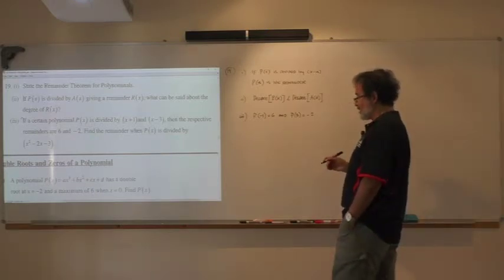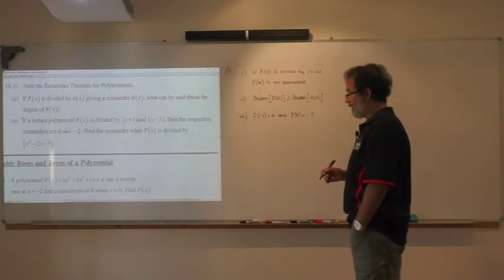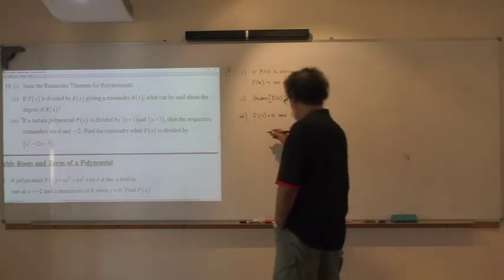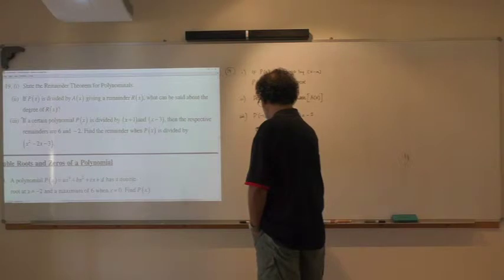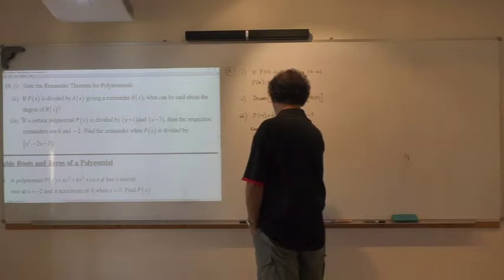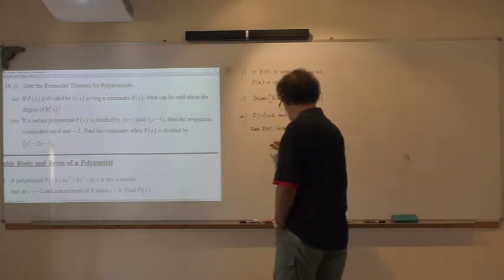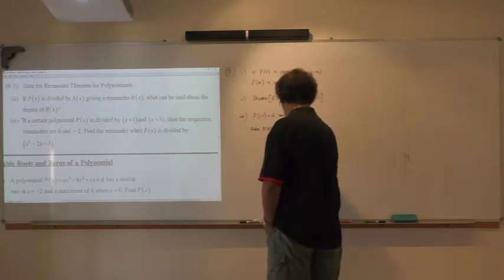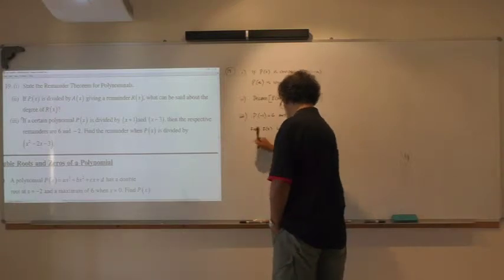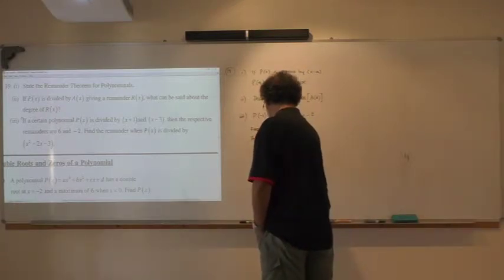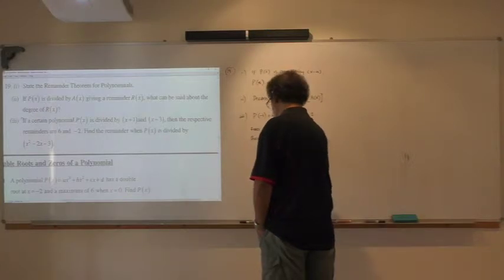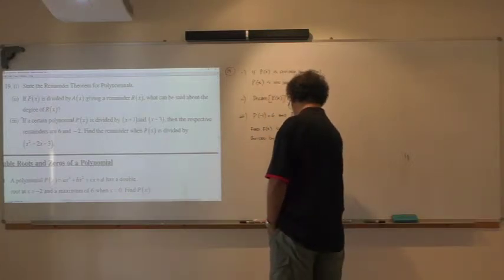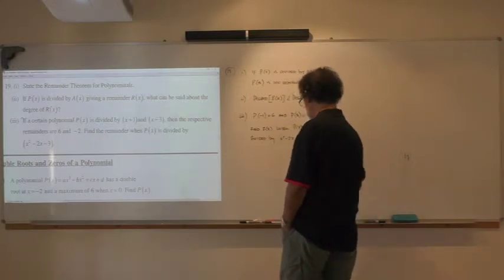So we need to find the remainder when P of x is divided by x squared minus 2x minus 3. These are the questions.